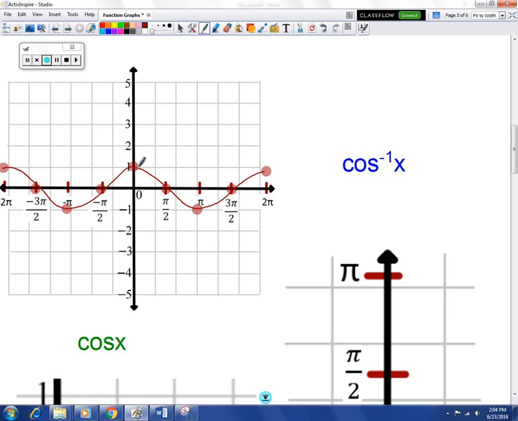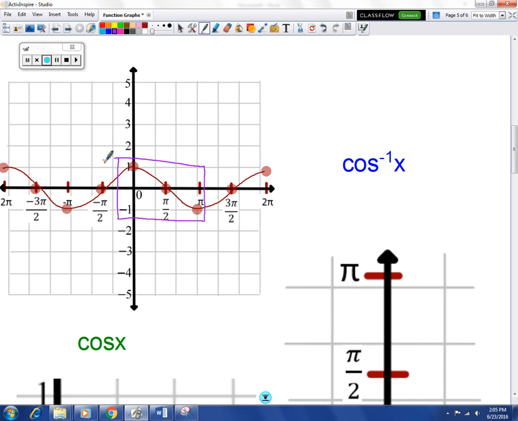Alright, so I'm going to restrict this one also, but it's going to be a different restriction. I'm going to use from here to here, that little box right there, because from pi to the right, it cycles over again. That's why you have to restrict the domain, because trig functions cycle over and over and over.